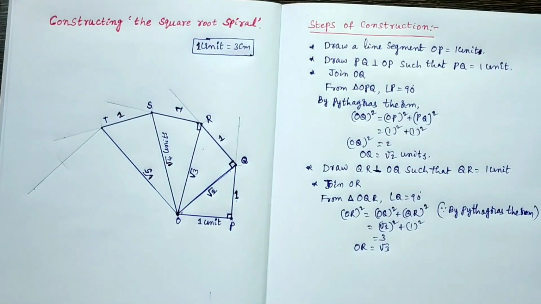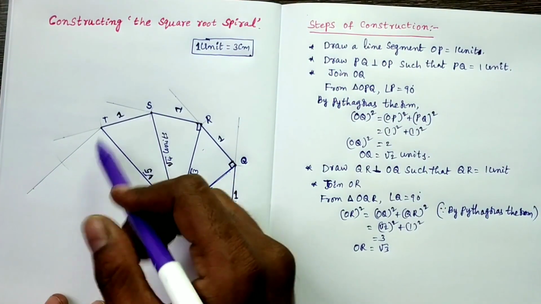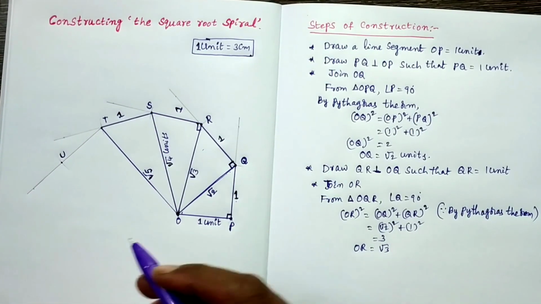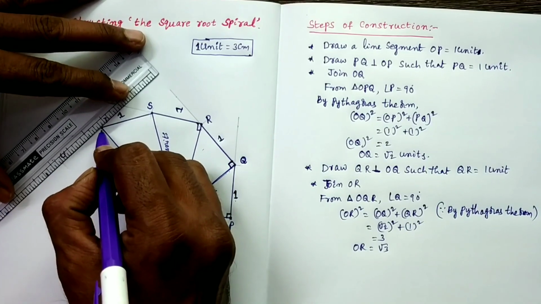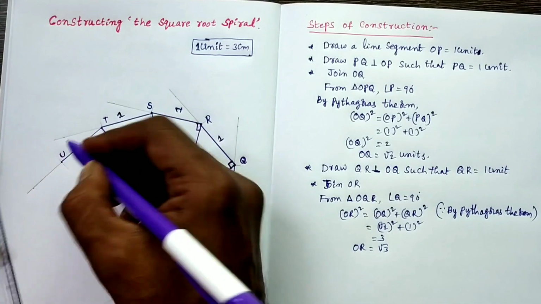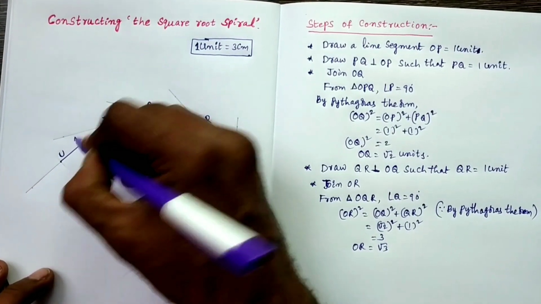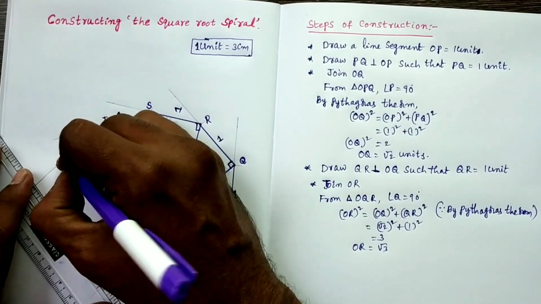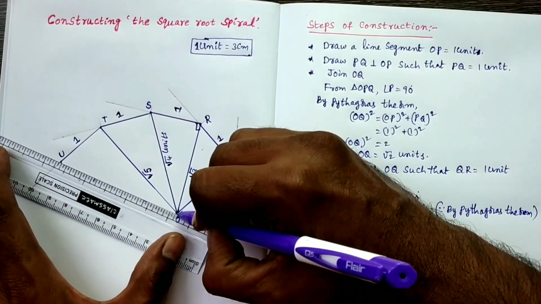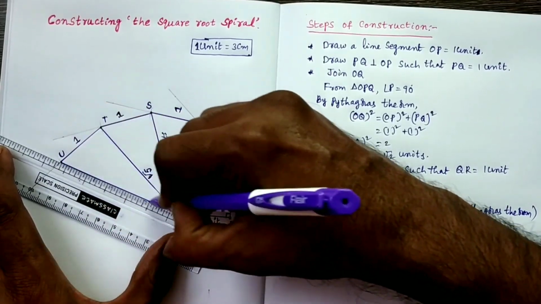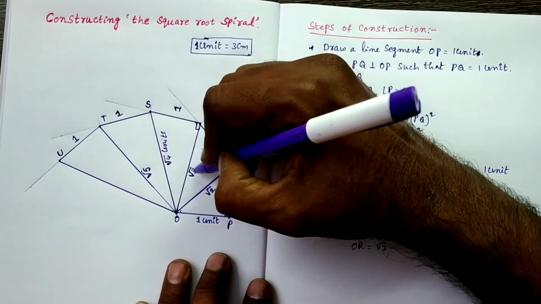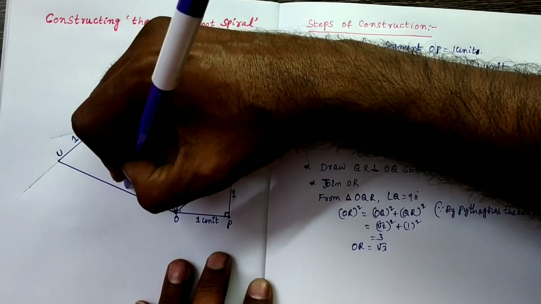It cuts the perpendicular line at U. So this is also 1 unit. And join OU. Then OU will be square root 3, root 4, root 5. This will be root 6.